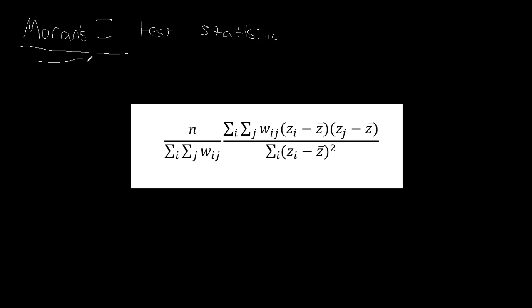Probably the most widely used test statistic for spatial autocorrelation is Moran's I. I just realized that I forgot the I here. This should be I equals.